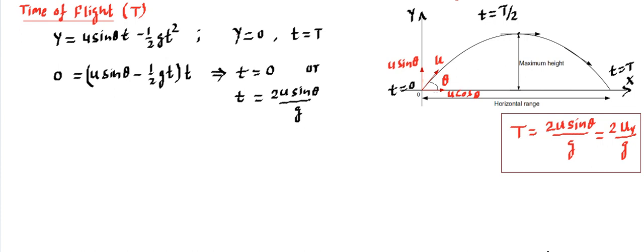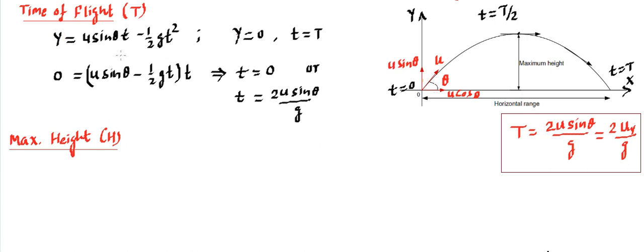Next, another obvious parameter that we need to look at is the maximum height. So how can we get maximum height? There can be n number of ways to get this maximum height expression. You can see over here, we can also use the maxima and minima concept that we have already gone through, and we know the expression of y as a function of time, and what we need is to find the maximum value of y.